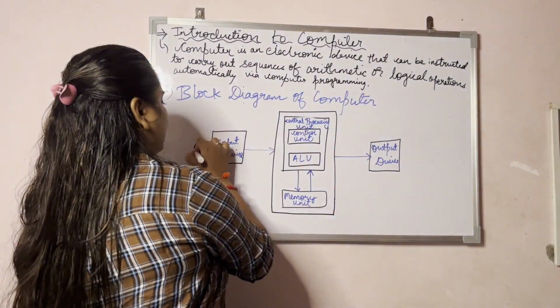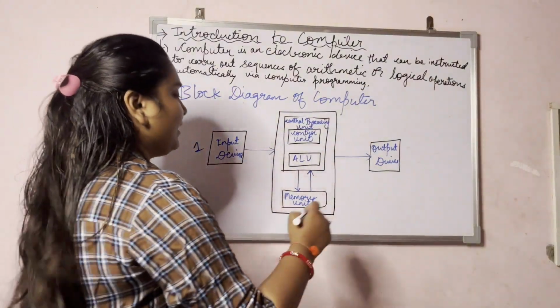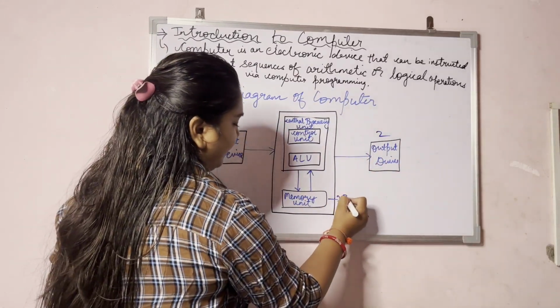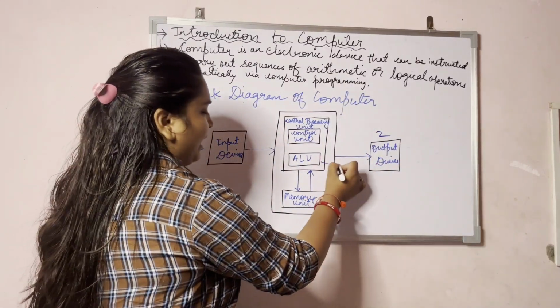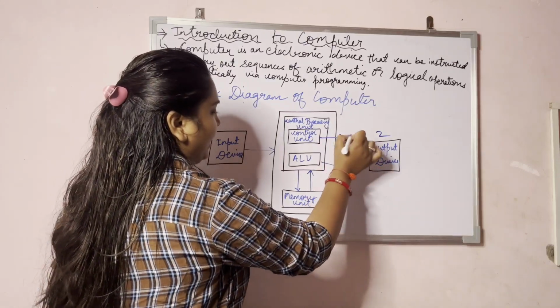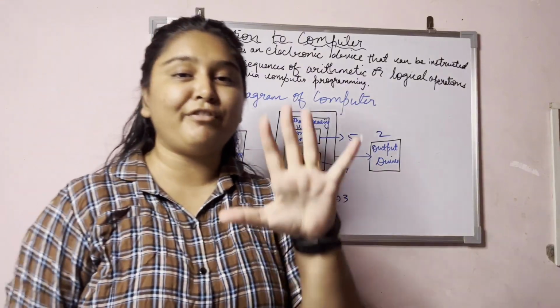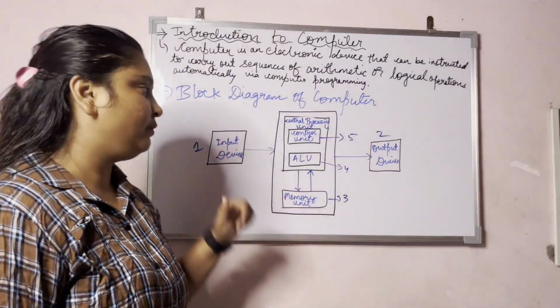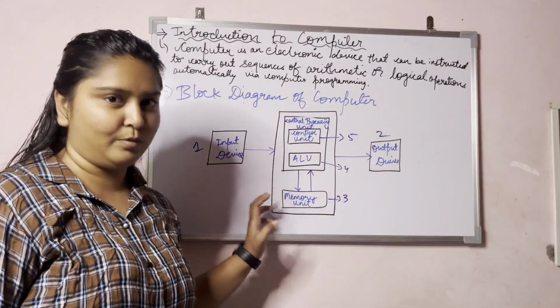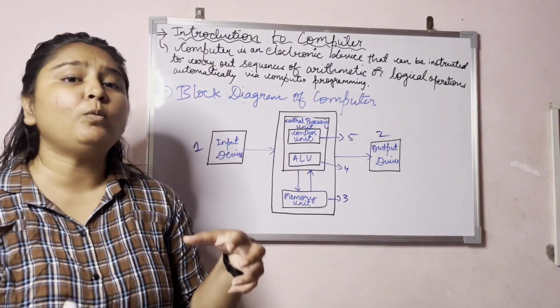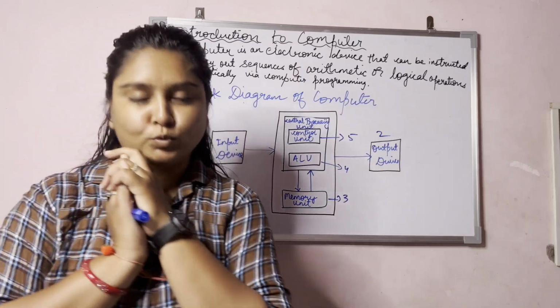The number 1 is input device, then we have output device, then we have memory unit, then we have ALU, and then we have control unit. So overall it makes 5 components, and those are these which I have already told. Now let us go beneath it, that what all these components do.